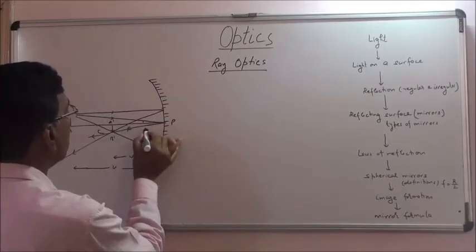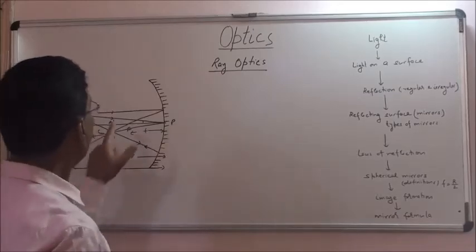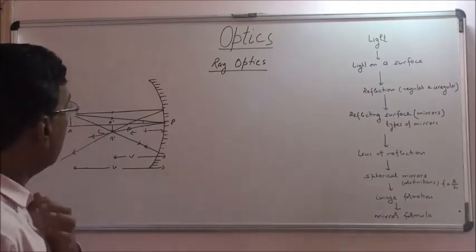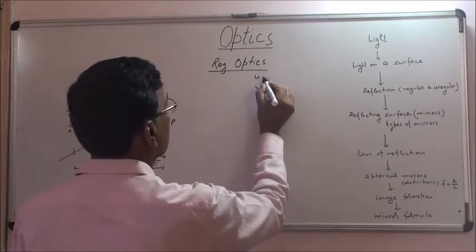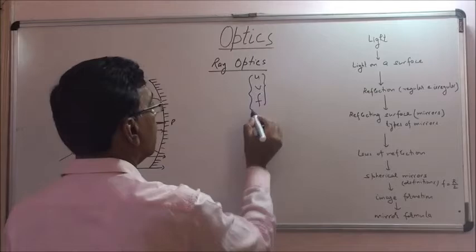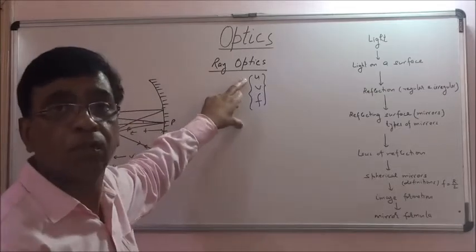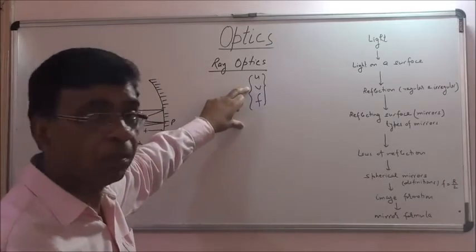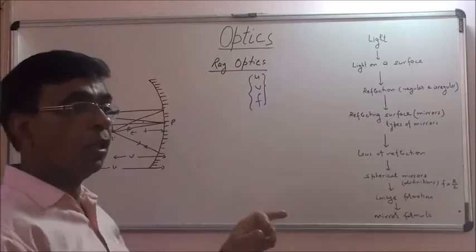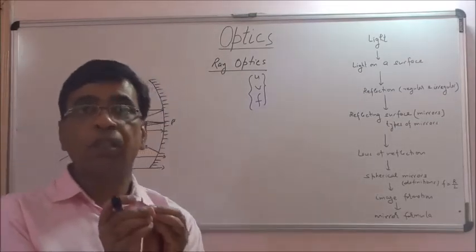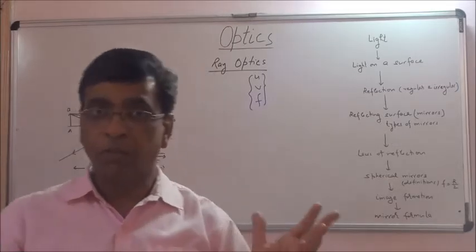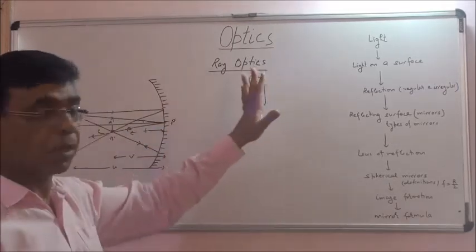And this, we already know, this is the focal length, F, P to F. Now we will find out the relation between these three quantities, U, V, F: distance of object from the mirror, distance of image, and the focal length. So if we are given the distance of object from the mirror, where will the image be formed? We can find out using an expression.